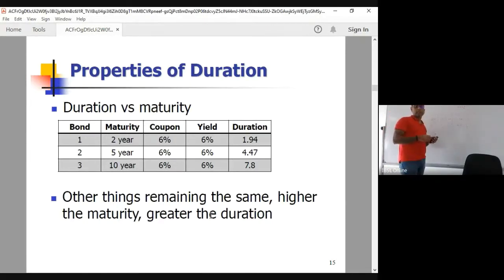On the next slide, 15: a 2-year bond, coupon 6%, yield to maturity 6%, duration 1.94. A 5-year bond, 6%, 6%, 4.47. A 10-year bond, same. If the yield to maturity changes, the bond duration will change for the residual period. So the higher the maturity, the greater the duration. The lower the maturity, the lower the duration.